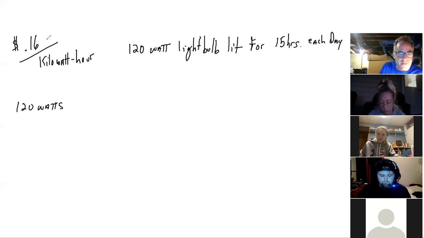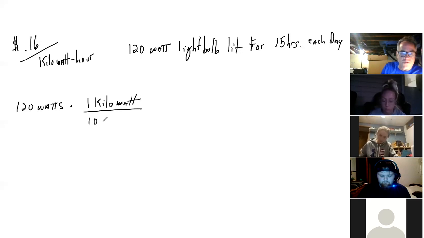Knowing that the charge is by kilowatt hour and the light bulb's power is measured in watts, the first thing I'm going to do is convert watts to kilowatts. 1 kilowatt, kilo means 1,000, so that is 1,000 watts. That will get my watts to cancel out. And I'm going to keep this light bulb lit for 15 hours.